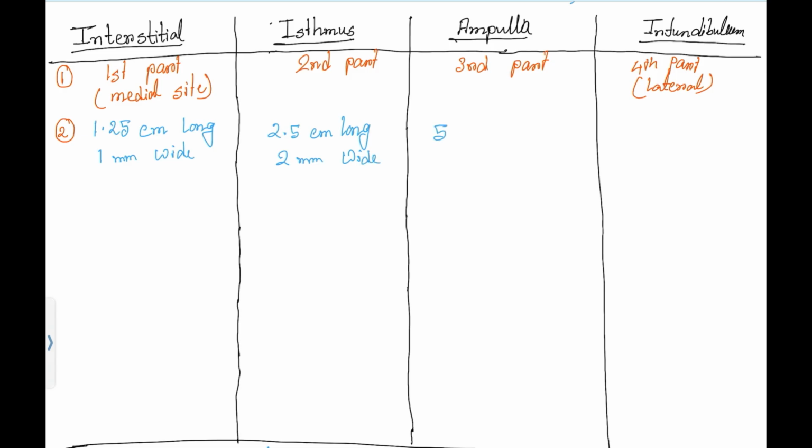What about ampulla? It is the longest and widest portion, 5 centimeter long and 4 millimeter wide, because it is the important portion where zygote formation occurs and most ectopic pregnancies happen in this region, as it is the longest and the widest part.